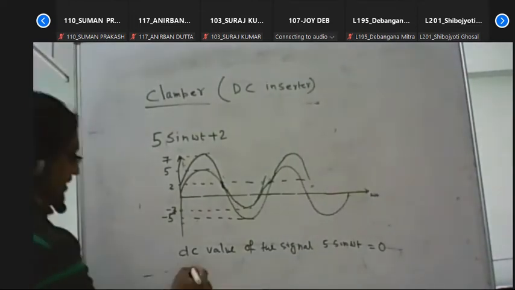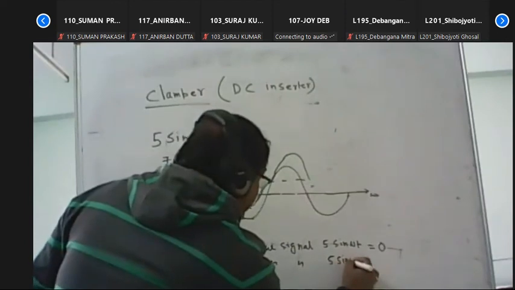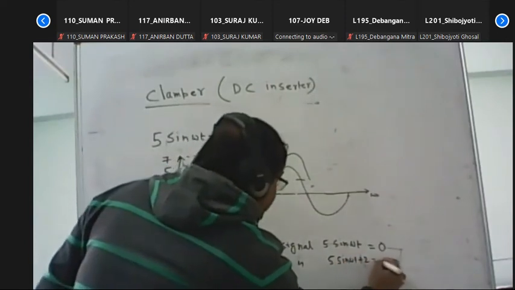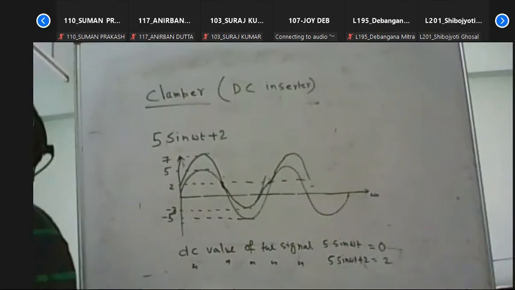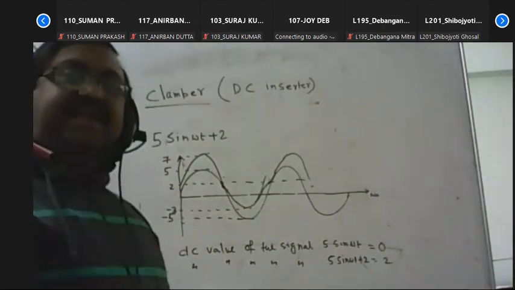So the DC value of the signal 5 sin omega t plus 2 is 2. So we can add some DC level to the AC input signal.